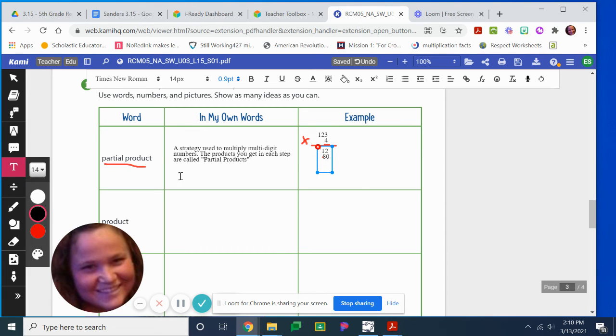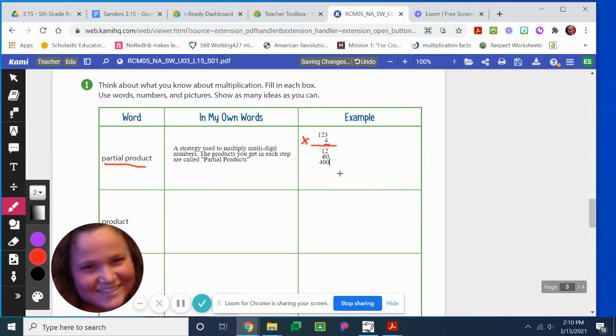And then my final partial product would be 4 times 100 because I have a 1 in the hundreds place. So that would give me 400. And then I can find my answer by adding those partial products up. So 400 plus 80 is 480 plus 12 more would be 492. So those are what partial products are.